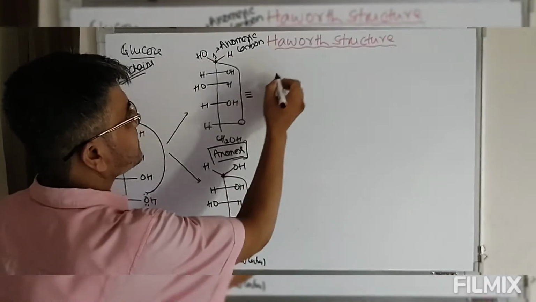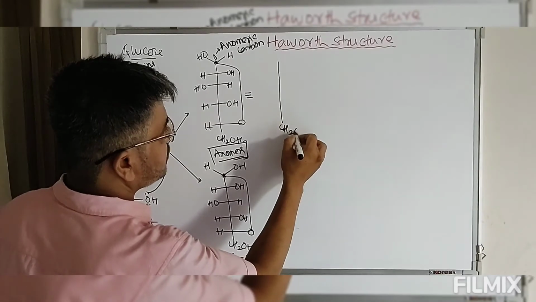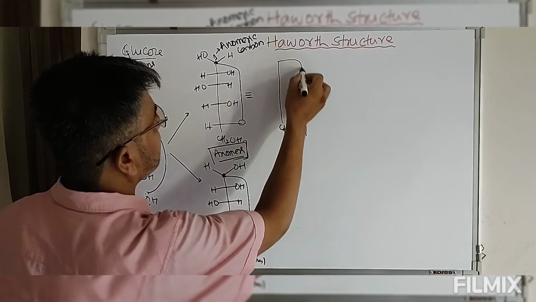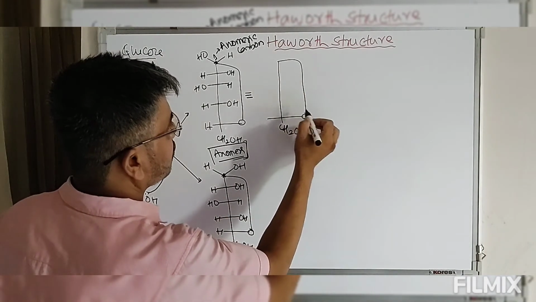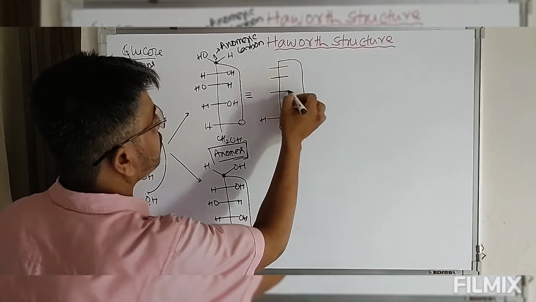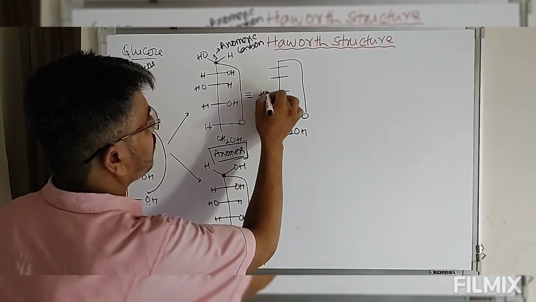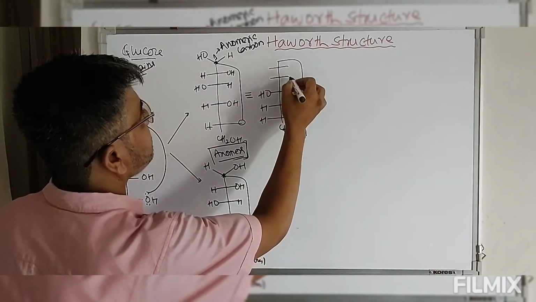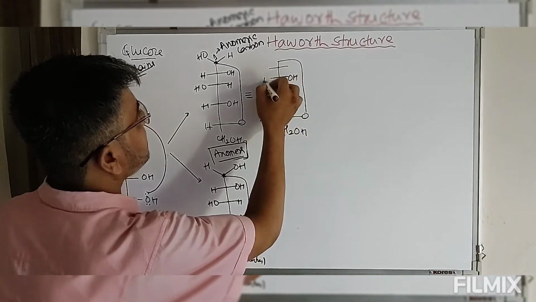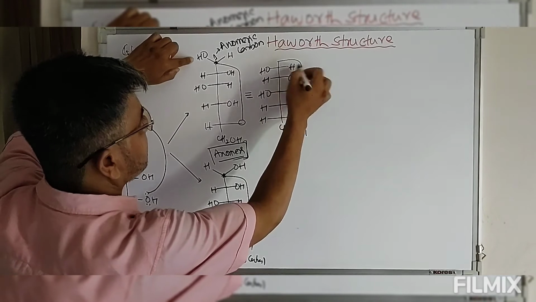This can be written in this way: CH2OH, OH, 1, 2, 3, 4. We have OH, H, OH, H, OH, H, which is on the right hand side. So we have this.